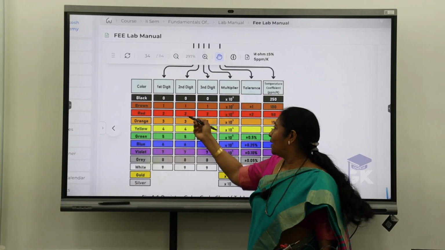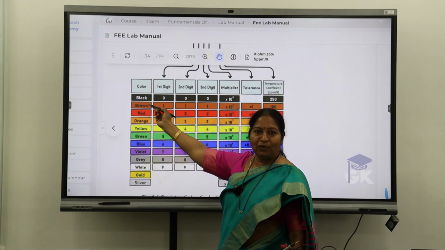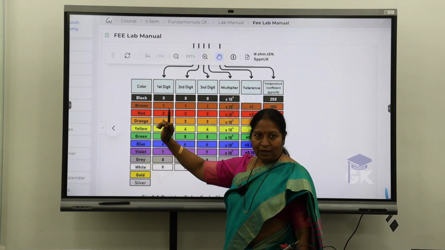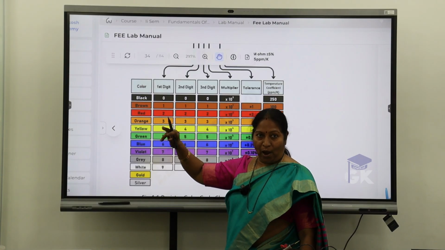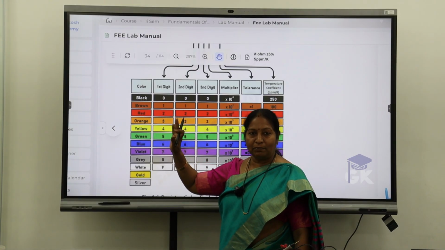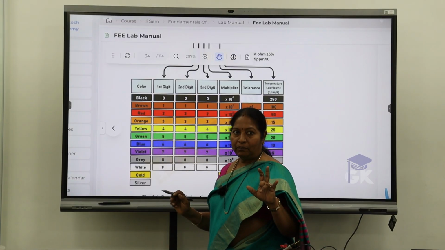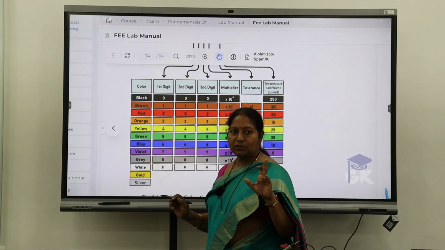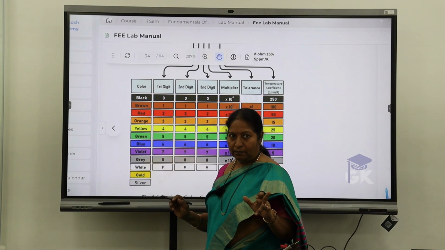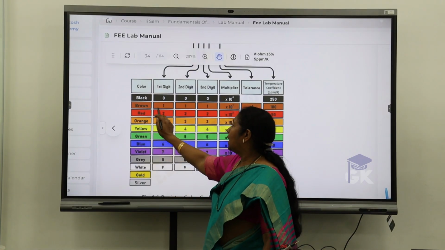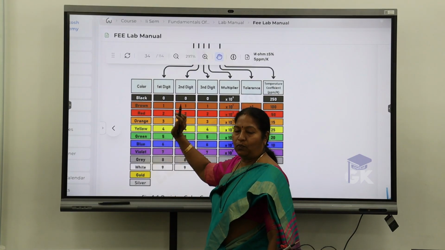Black is for black only. The digit for black is 0. Next, boy: the first letter B is brown, so the digit value is 1.